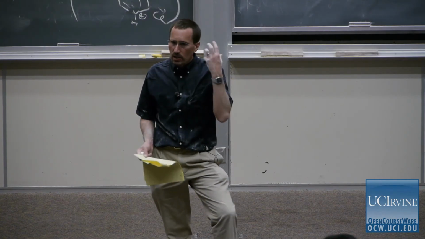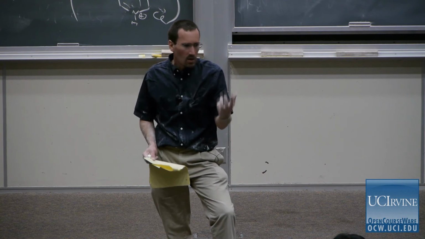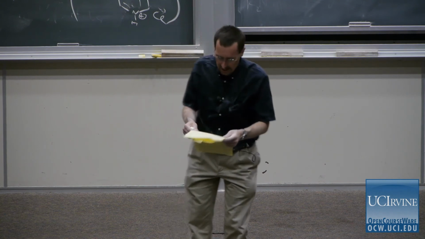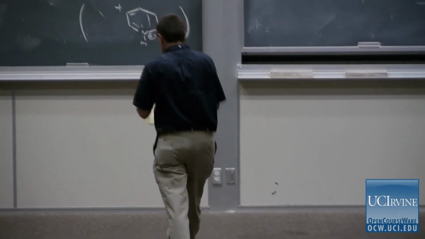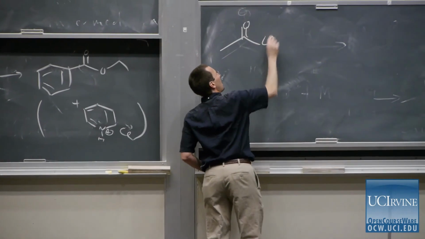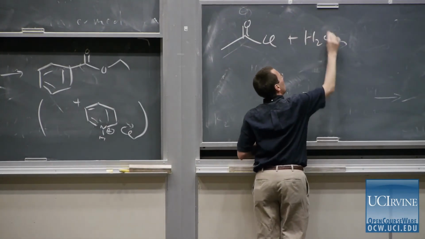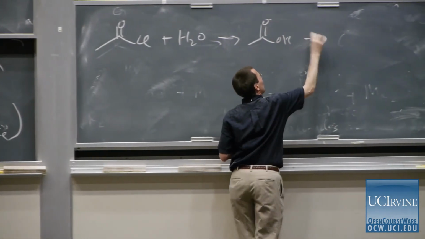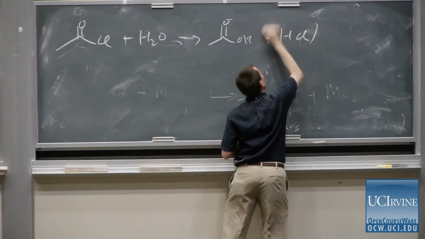You could react sodium acetate with acetyl chloride to get acetic anhydride. And so maybe I will just very quickly sketch out these reactions. Acetyl chloride plus H2O goes to acetic acid plus HCl.